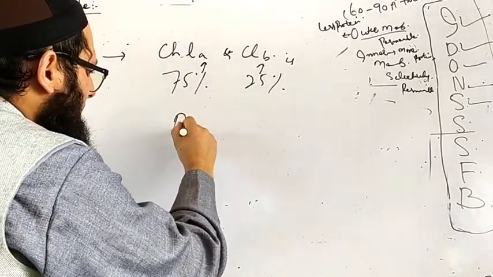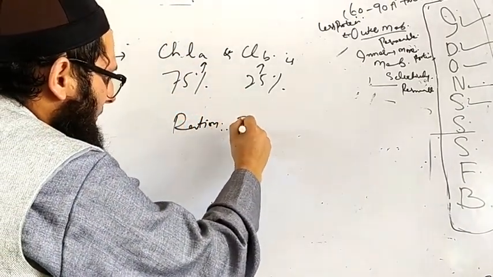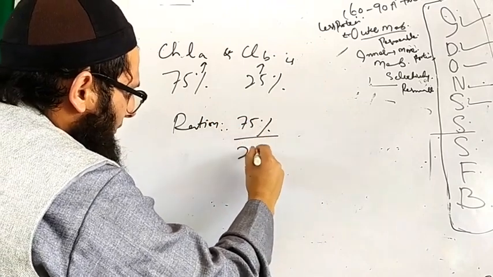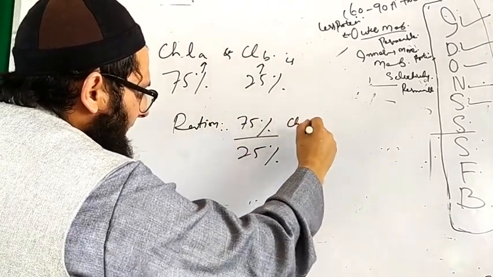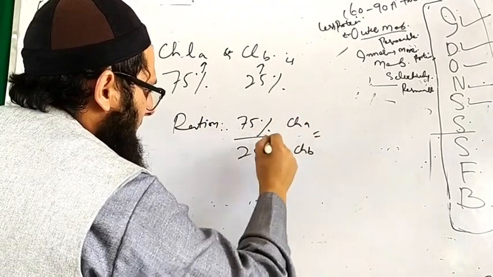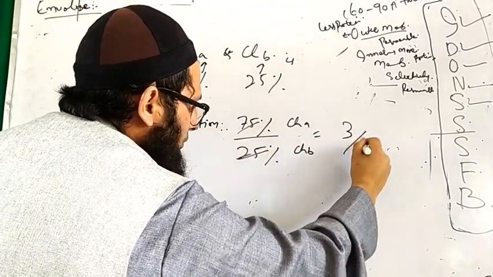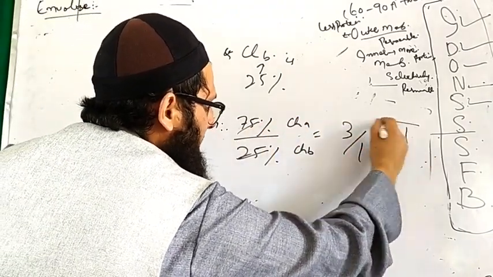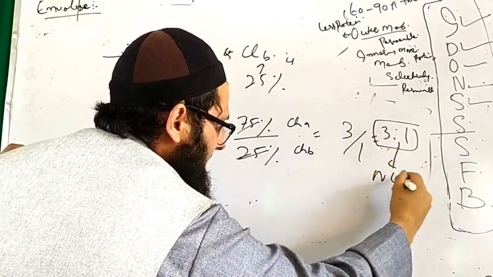The ratio is 75% upon 25%, that is 3:1. This is very important as far as NEET is concerned.